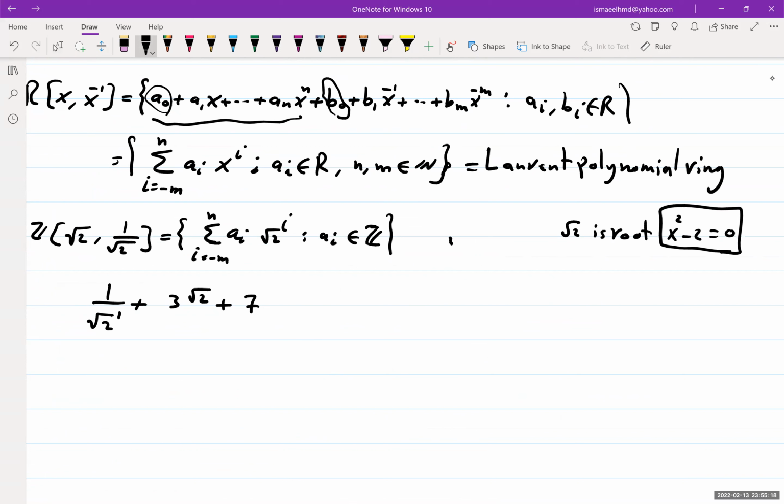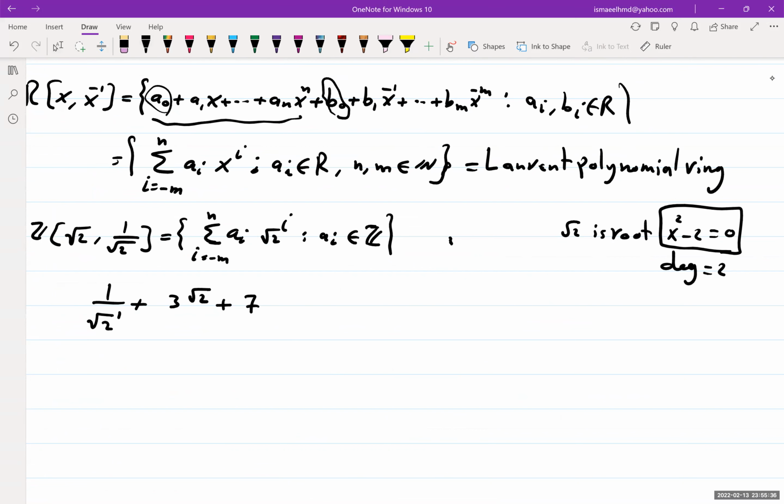This polynomial is of degree 2. So the polynomials in the polynomial ring must be of degree one less than x squared minus 2.